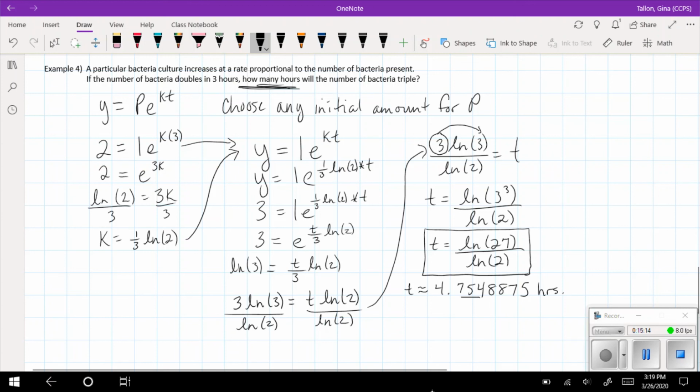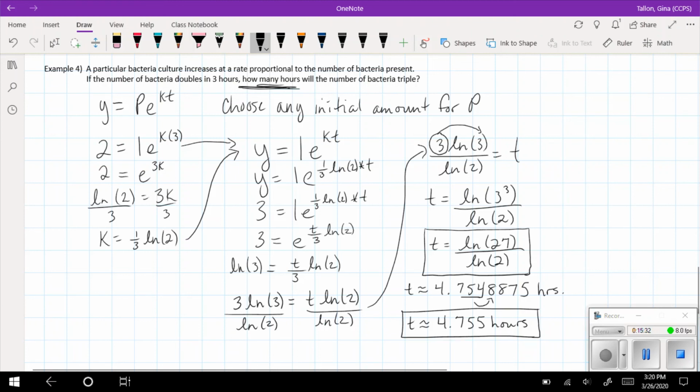So rounding to 3 decimal places, t is approximately 4.755 hours. And either of these answers would be good.